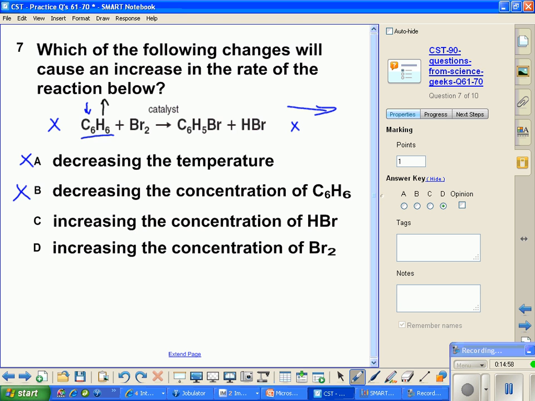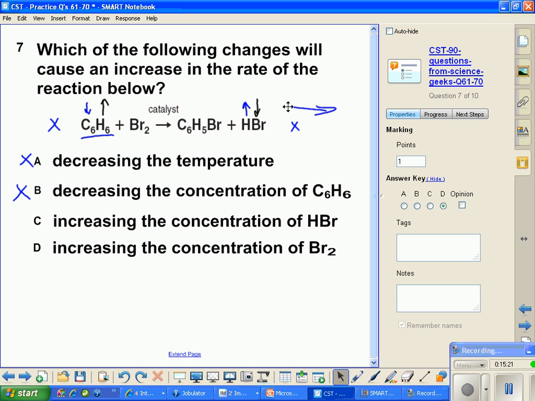And in letter C, an increase in the concentration of HBr. If I were to put in more HBr, Le Chatelier wants it to go down. To go down, he has to move to the opposite side, which again moves it in the wrong direction. That would be to the left.